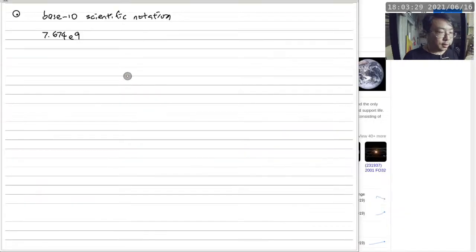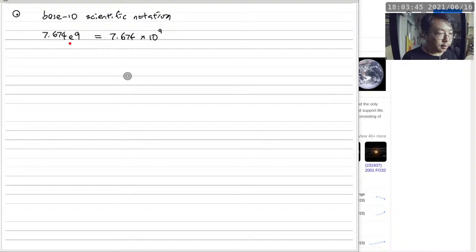All right, so this is the scientific notation of the same quantity, because what it is saying is this is 7.674 times 10 to the power of 9.